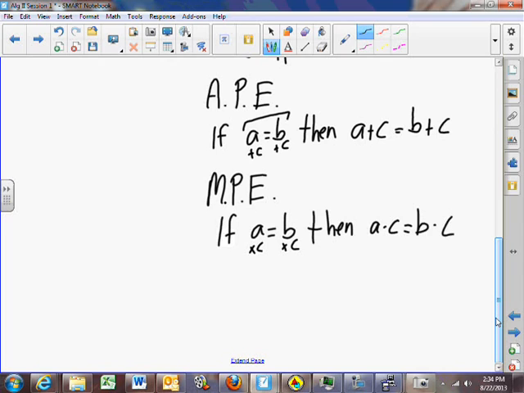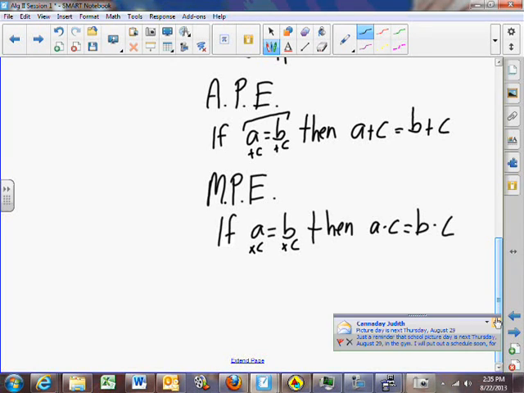Now, since subtraction is just adding the inverse, if we added the opposite of C to both sides of A is equal to B, we'd get A minus C is equal to B minus C. So the addition property of equality will also let us subtract the same thing from both sides of an equation.